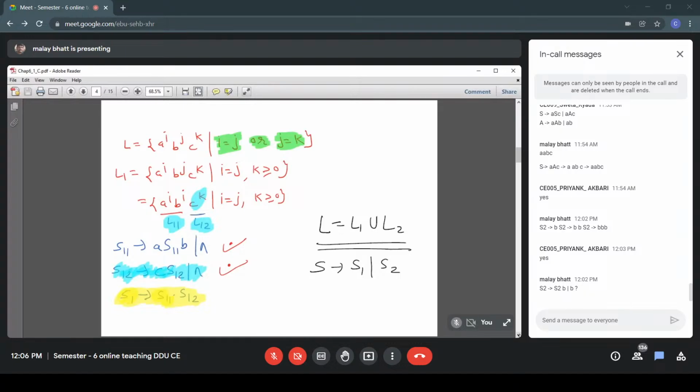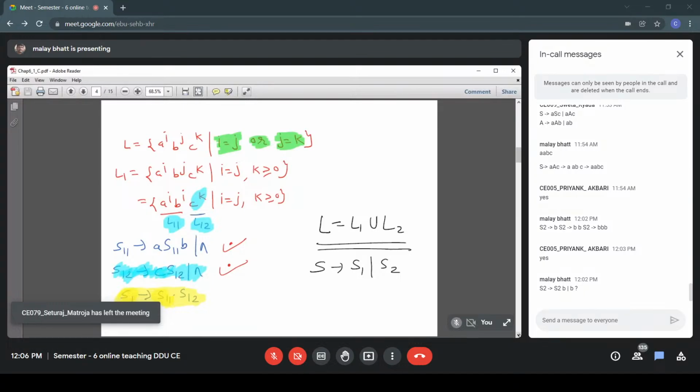So we have one language L1, A raised to I, B raised to J, C raised to K, I equal to J, and K can be anything. Because when you consider I equal to J, there is no rule for the K. So K can be 0 or K can be greater than 0 also.